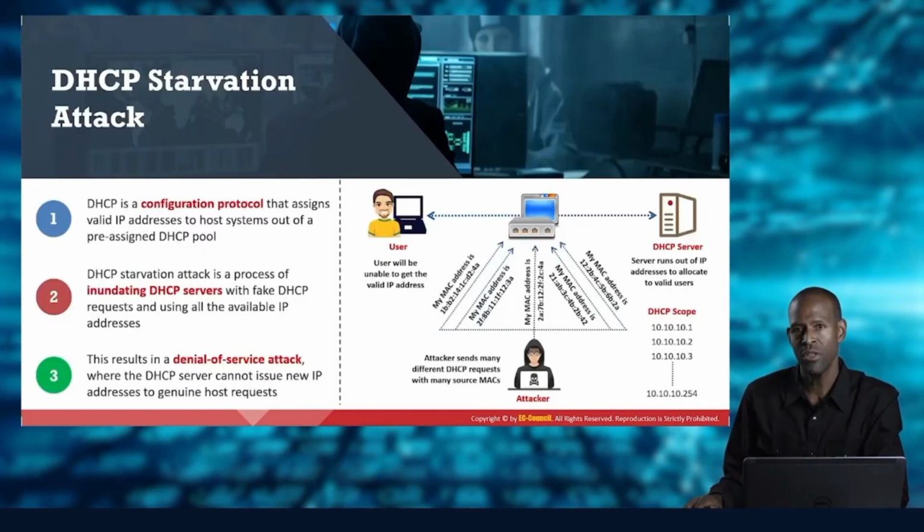There are also other types of attacks that we can do. One of these is DHCP starvation. This is more of a denial of service attack. Let's say that I have a network that has 20 VLANs on it. A VLAN is a virtual local area network. These 20 VLANs are going to be on separate logical networks.